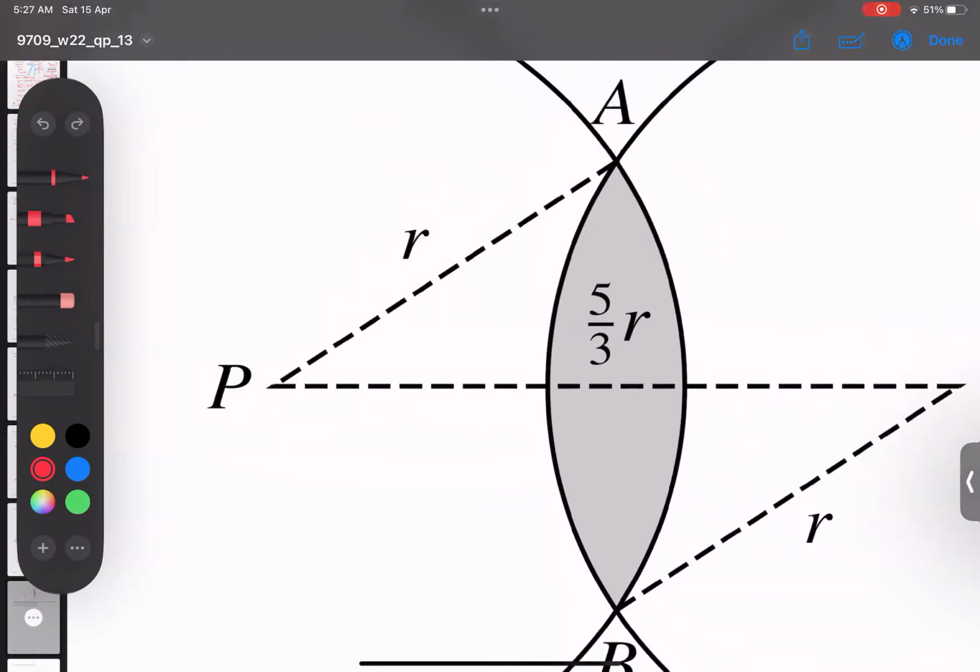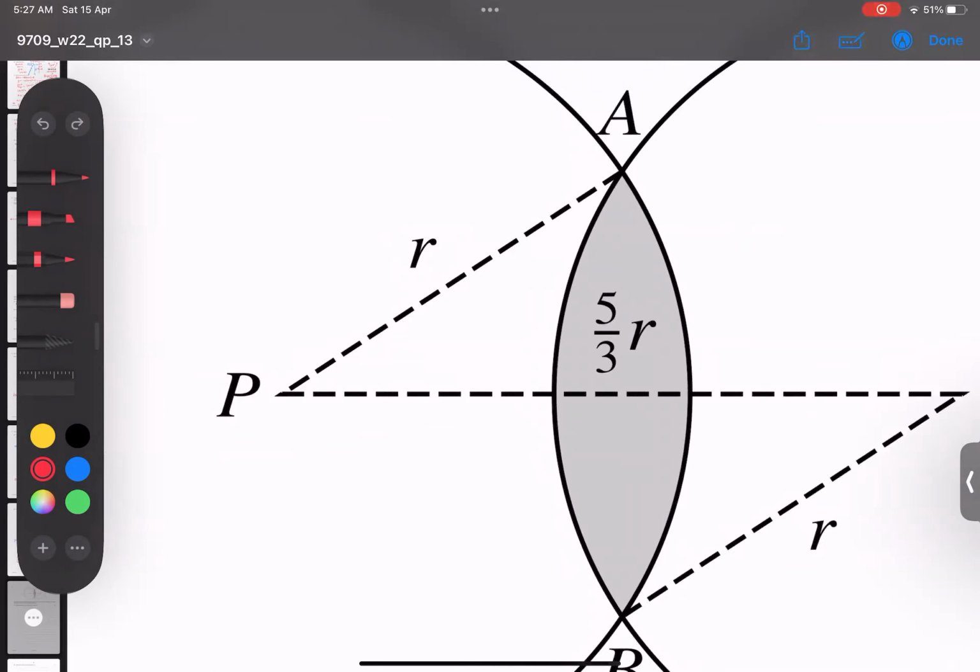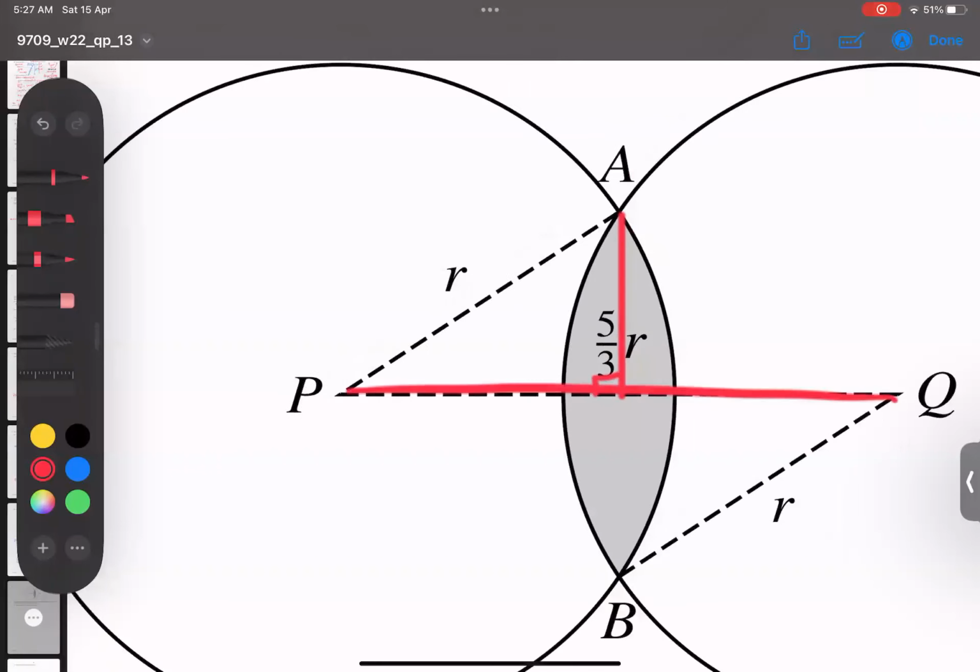So first of all, students, I will drop a perpendicular here. I get 90° here. And for your knowledge, from P to Q is 5/3 R total. So my question: M is the midpoint, what is P to M?